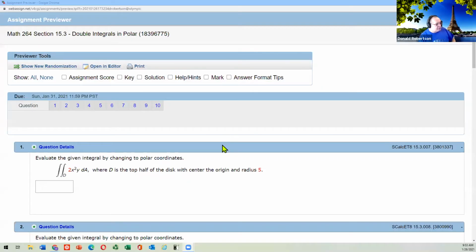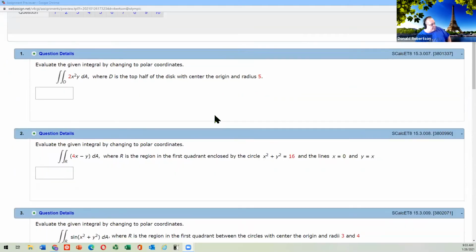Right, I'm going to show you what some of these questions look like, then we can start doing them. What button do I press? I press this one, don't I? Okay, so here is WebAssign homework for 15.3 up and running.